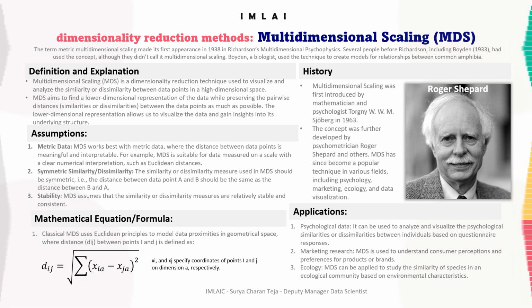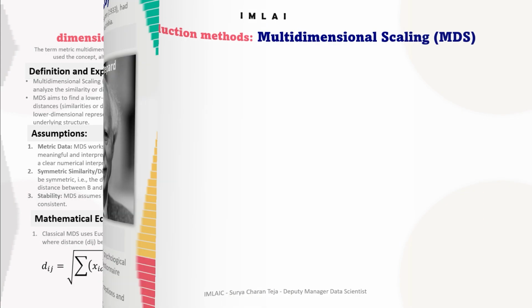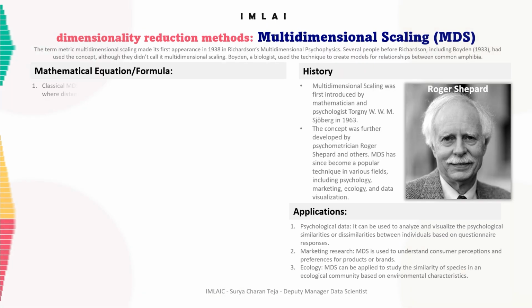Here x sub ia and x sub ja specify the coordinates of points i and j on dimension a respectively.